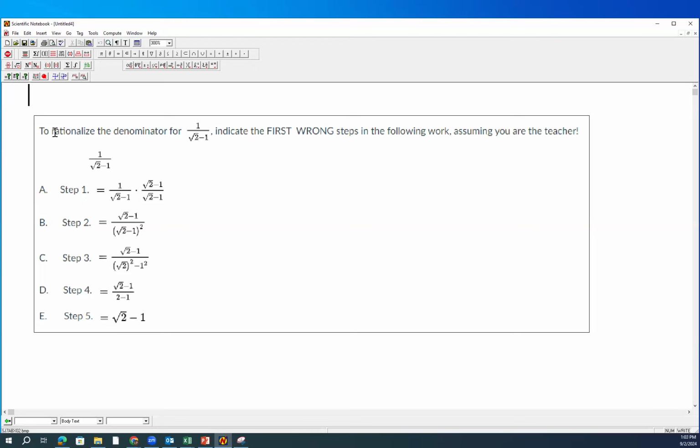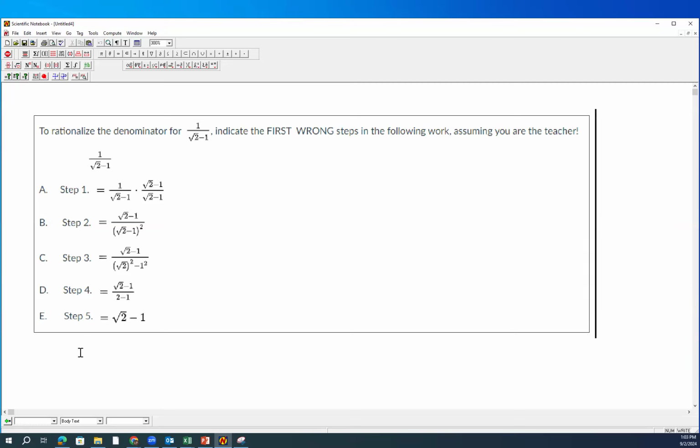The question is asking us to rationalize the denominator, which is to get rid of the radicals in the denominator, so that there are no radicals in the denominator. So this person did the steps.